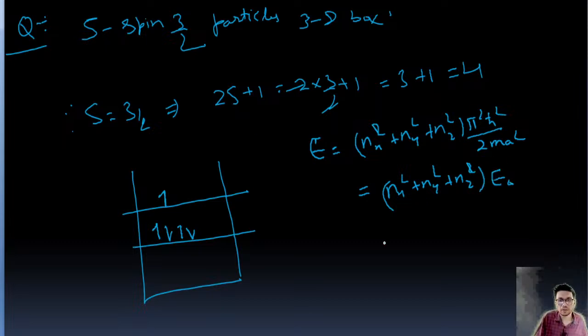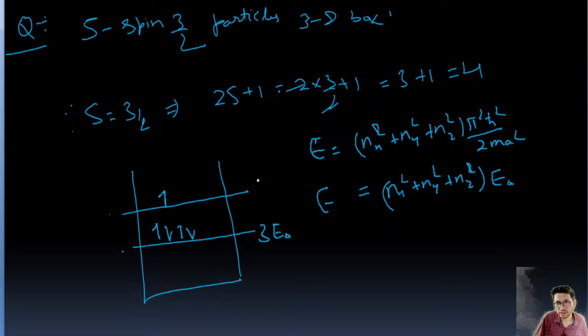Okay, simple. For the 4 particles in 3D, this is 111, so it has degeneracy 1 only, right? So this is 111, E naught, so this is going to be 3 E naught. This energy is 3 E naught.